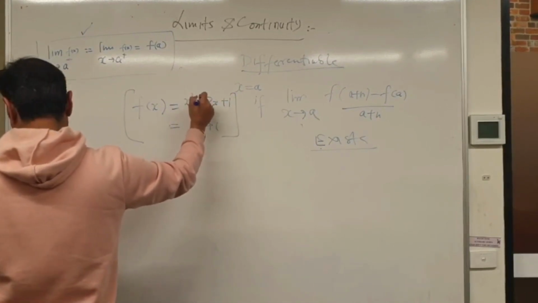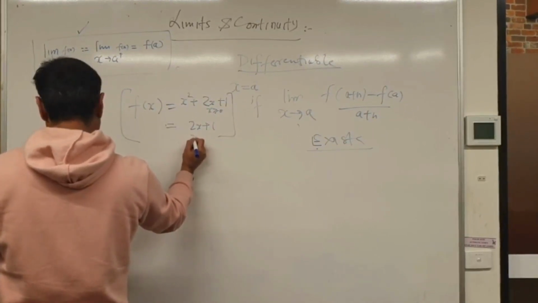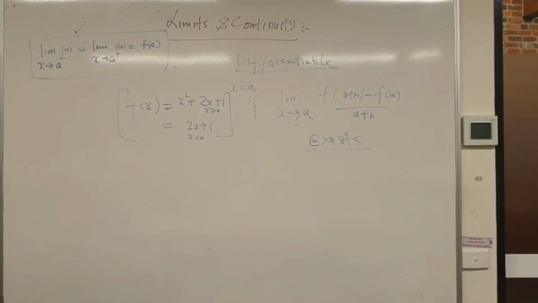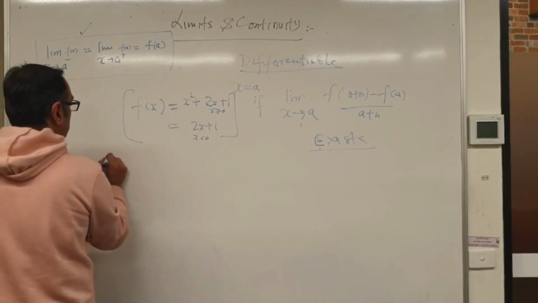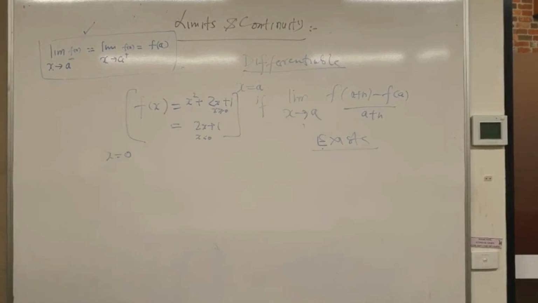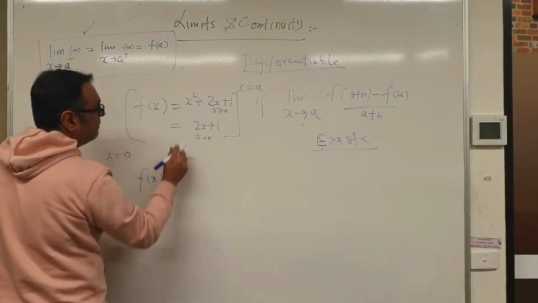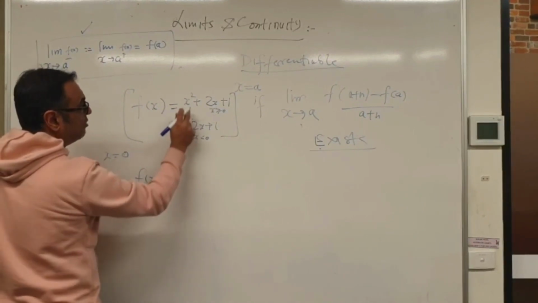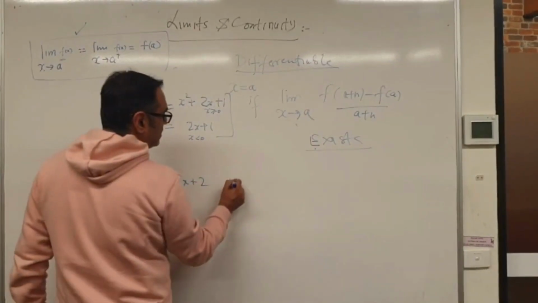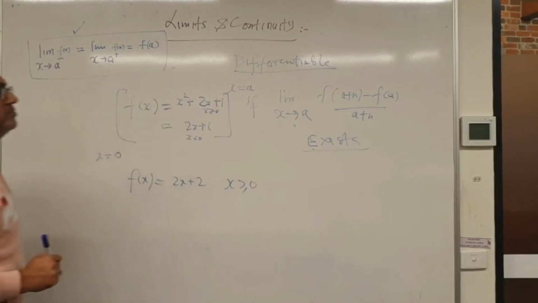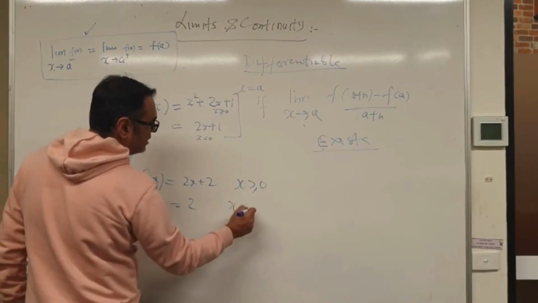The top condition is when your x is greater than or equal to 0, and the bottom condition is when your x is less than 0. Now, if I were to find whether this function is differentiable at x equals 0 or not, first things first, you find the differential of this function. So the differential of this will be 2x plus 2, for x greater than 0, and for this one it was 2 for x less than 0.